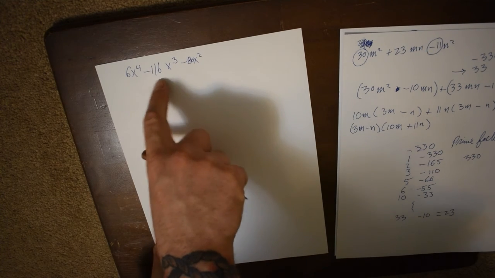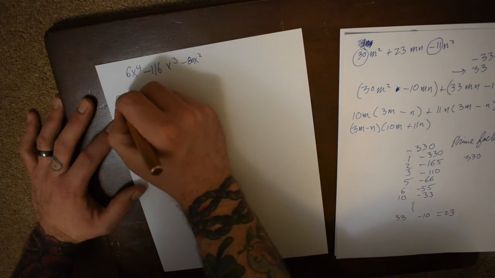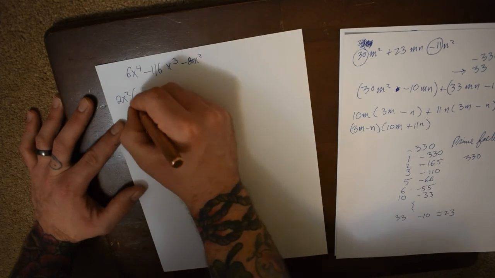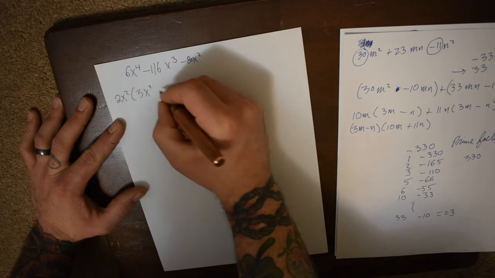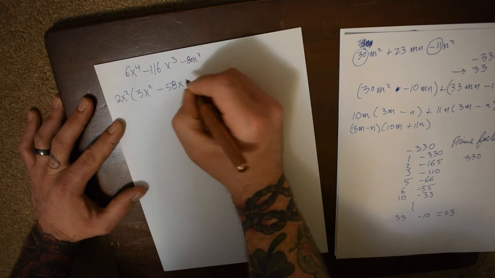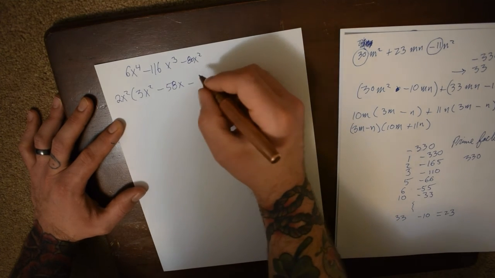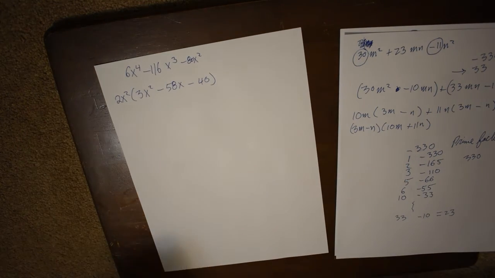I also notice that all these numbers are even. So I'm going to pull out a 2x squared to begin with. That would leave us with 3x squared minus 58x minus 40. Just minus 40.